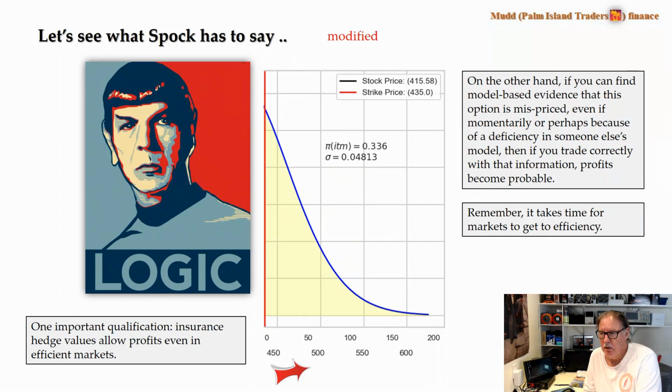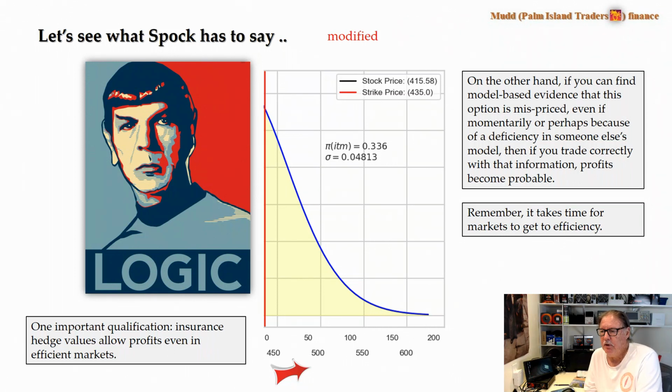And furthermore, once again, if you can find model-based evidence that this option is mispriced, and that's the mistake I made. I referred to it as an option in this slide, whereas I referred to it as a tranche in the other slide. The original was a tranche and not an option, but here now we have both.